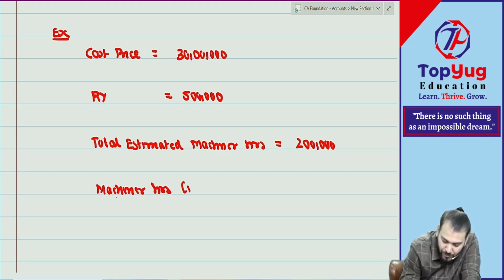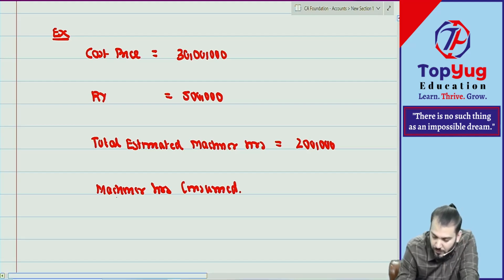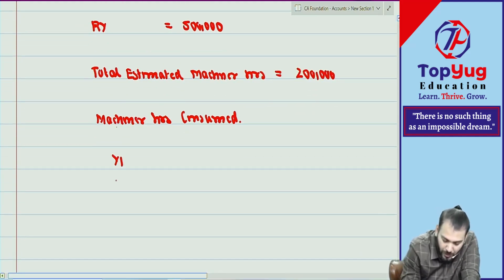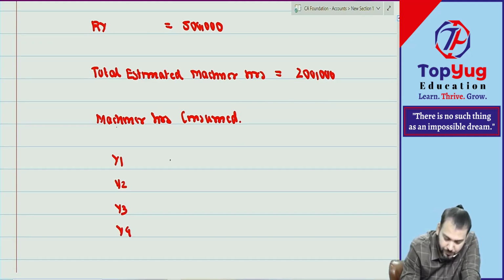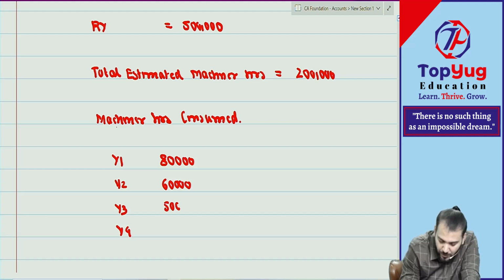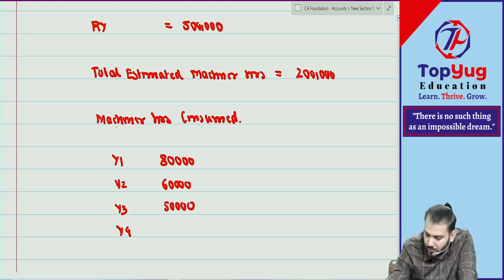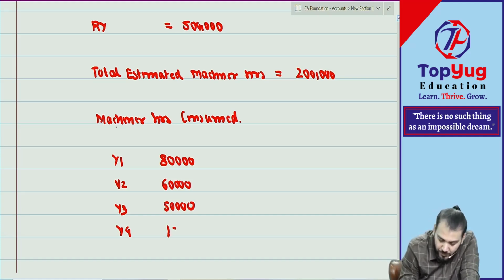Machine hours consumed in year 1, year 2, year 3, year 4: 80,000, 60,000, 50,000, 10,000.